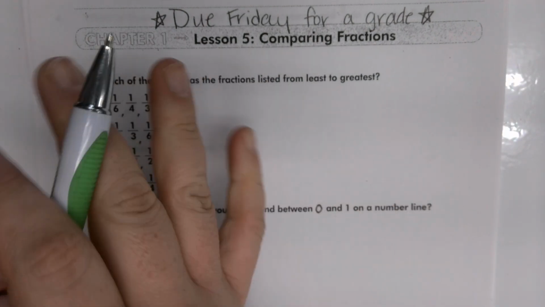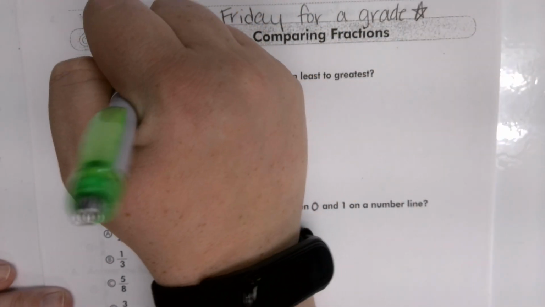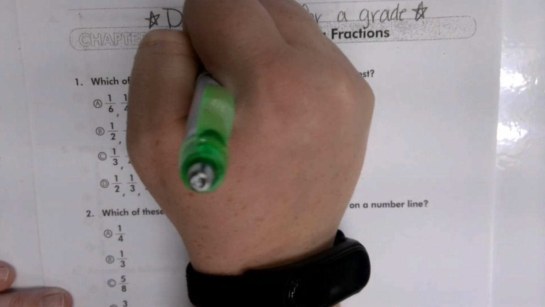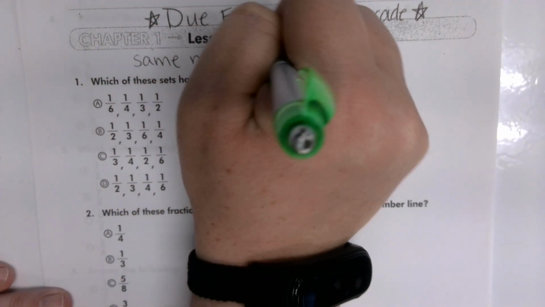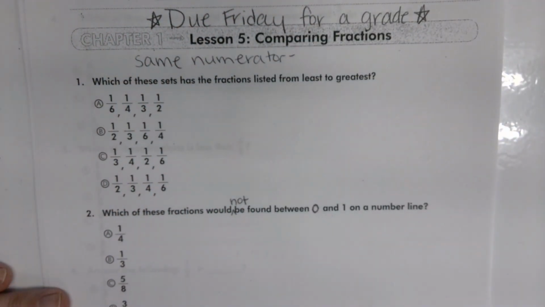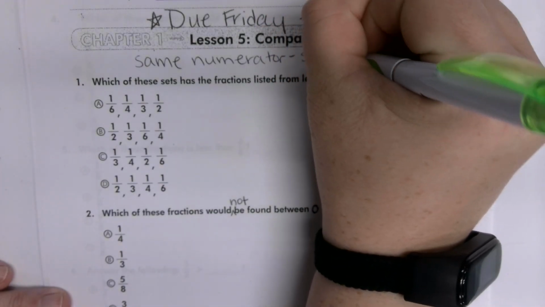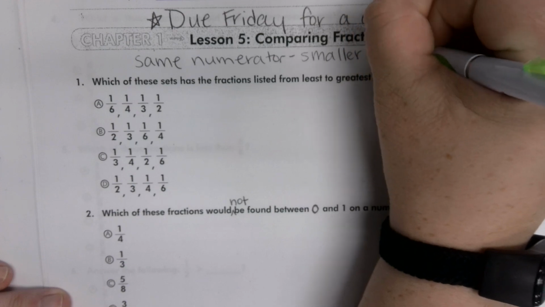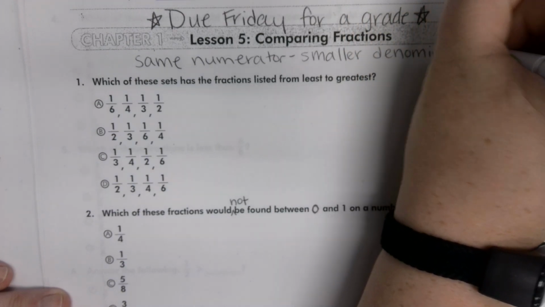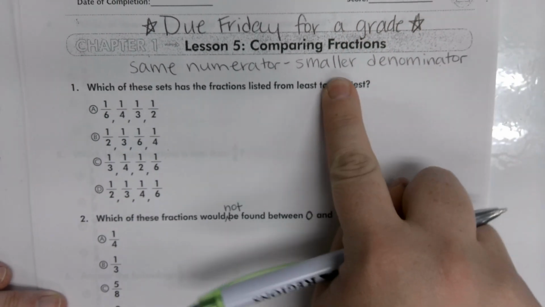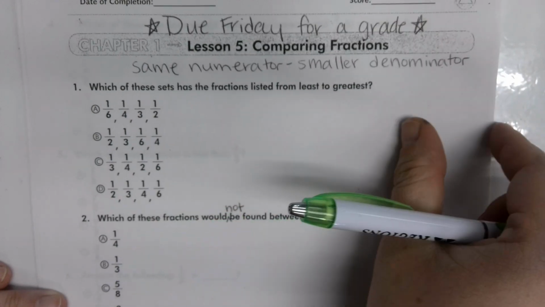And so they know that if it has the same numerator, which is the number on top, you look for the smaller denominator for the bigger pieces. So the smaller the denominator, the bigger the pieces.